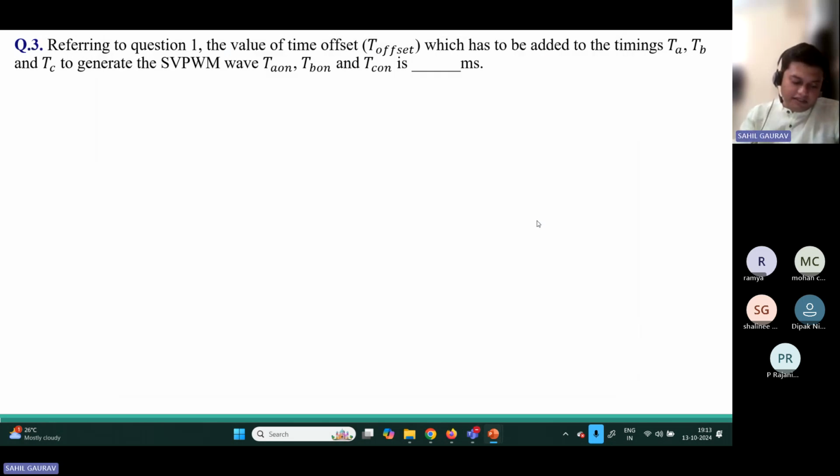So coming to this problem, we have to find this T offset.